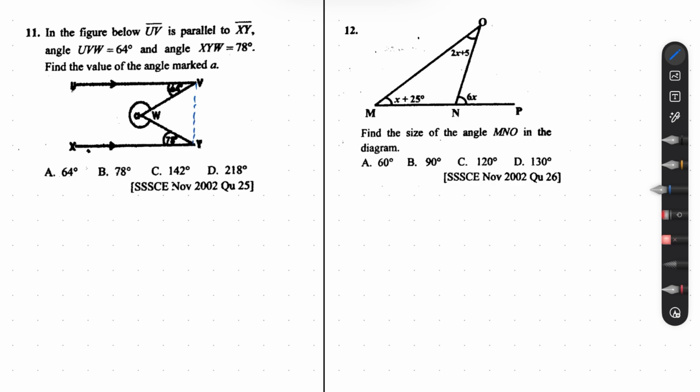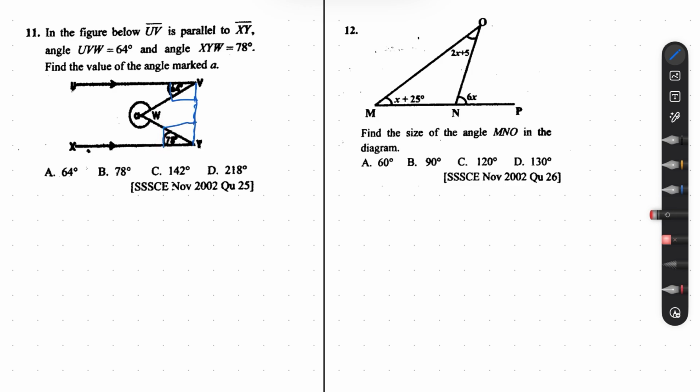Now if we complete this triangle, this will be a right angle, and this will also be a right angle. We know that a right angle is 90. So this plus this should give us 90. Similarly, this plus this should also give us 90.